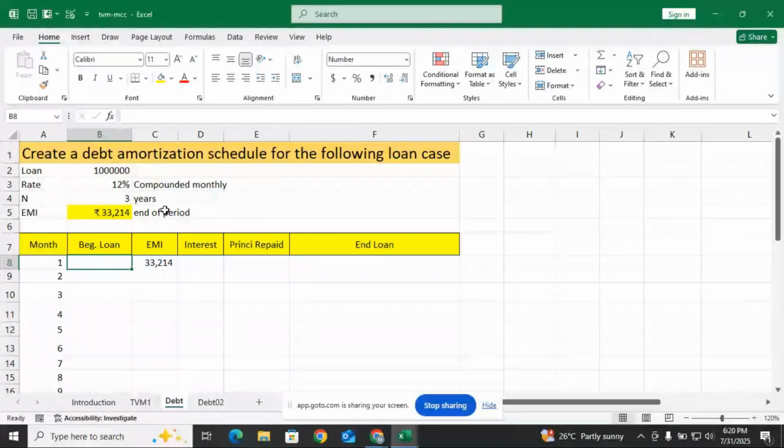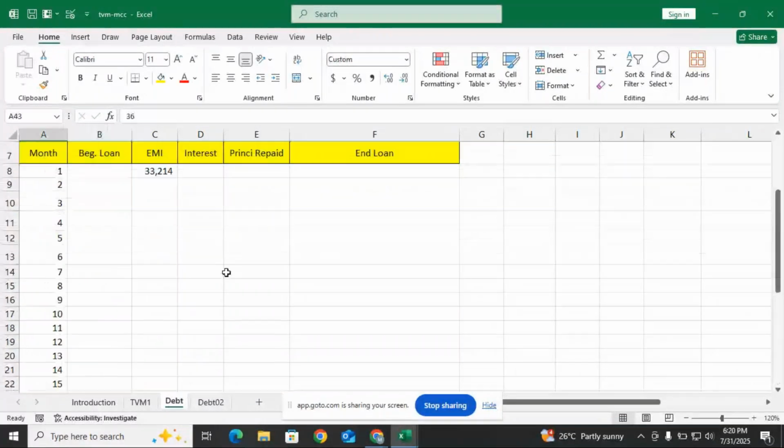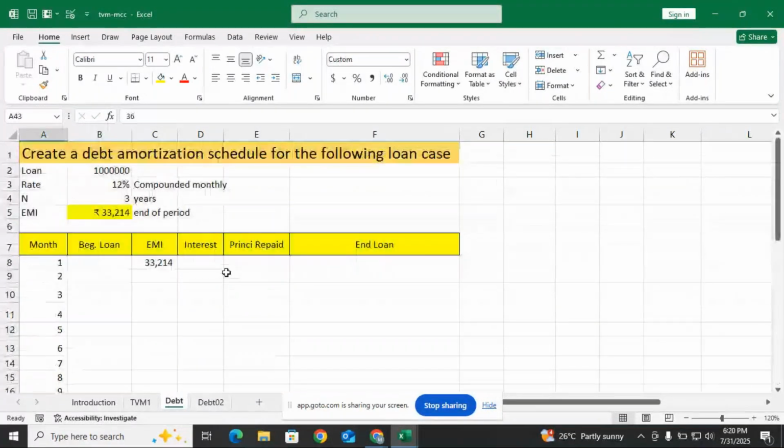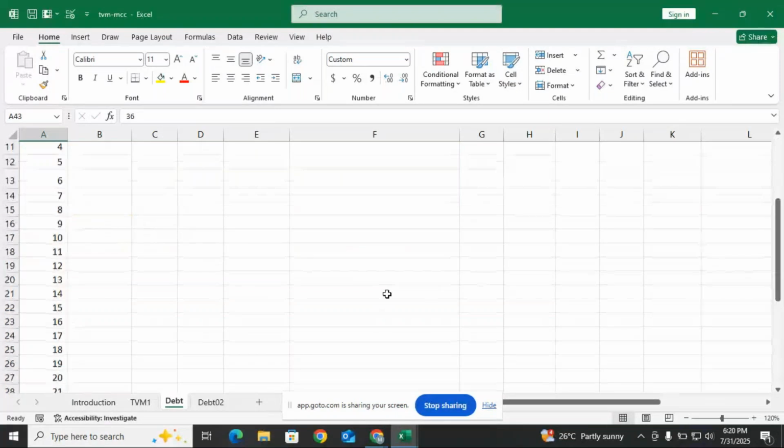So 3 years means it is 36 months. So now by 36th month, it should be nil.